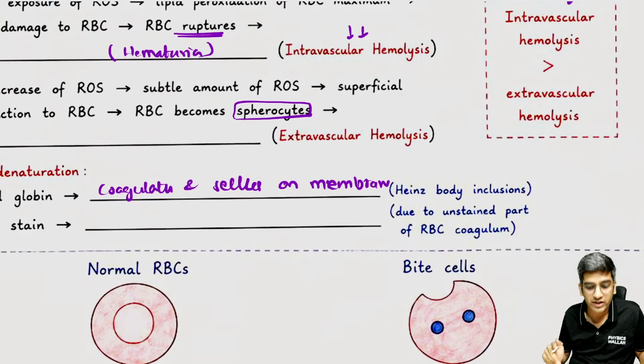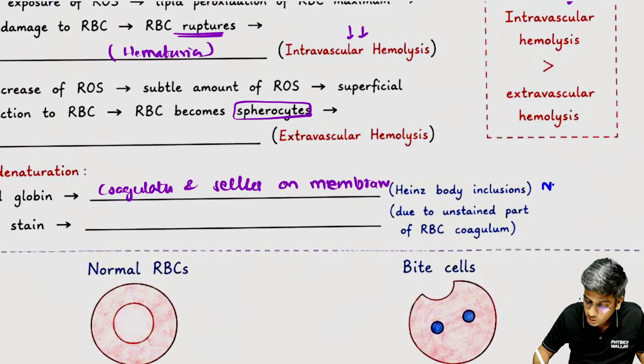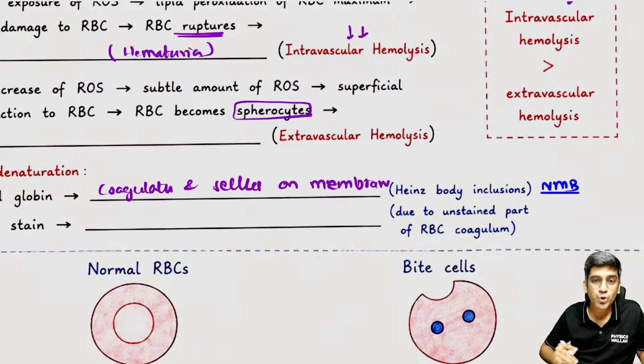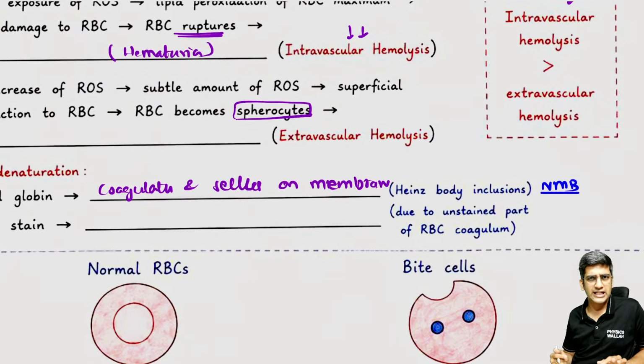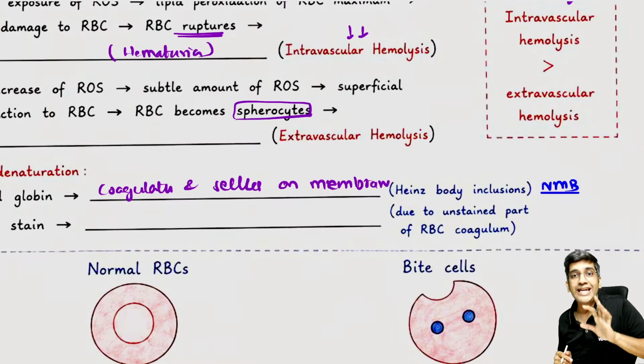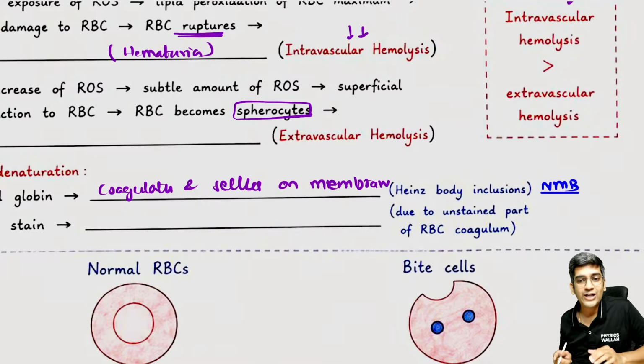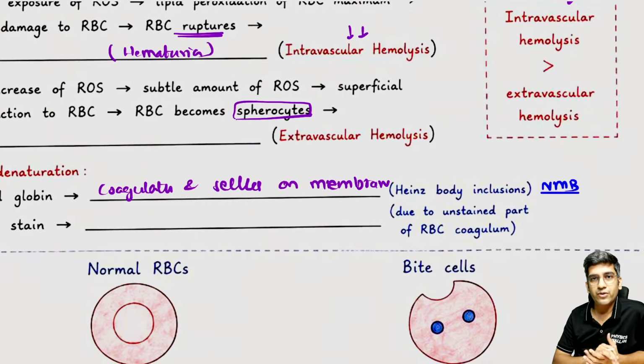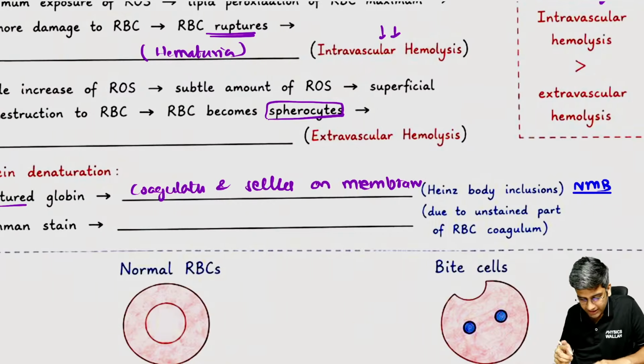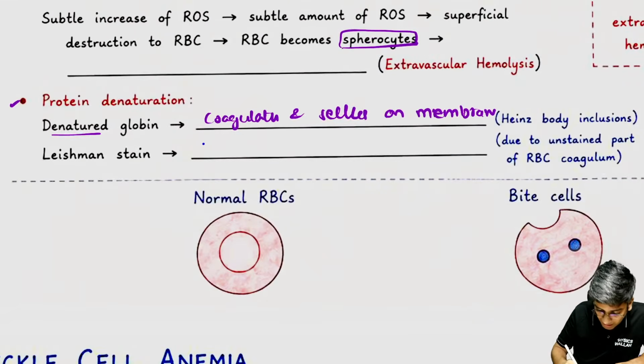The inclusion body, which, as someone told at the start of the lecture itself, can be picked up in new methylene blue stain. It can be seen only in new methylene blue stain. That's the reason when I do a Leishman stain, can anyone tell me what is the appearance? This cannot be seen in Leishman stain. So in a Leishman stain, the RBC coagulum is not seen.